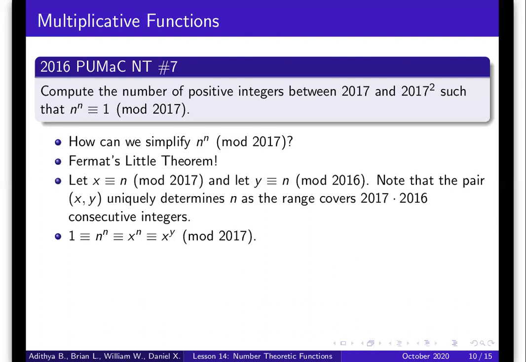So if we look at the Chinese remainder theorem here, if we have that n is x mod 2017 and y mod 2016, from x and y we can uniquely determine n. So now instead of counting the number of values of n, we can instead look at counting pairs of x and y.